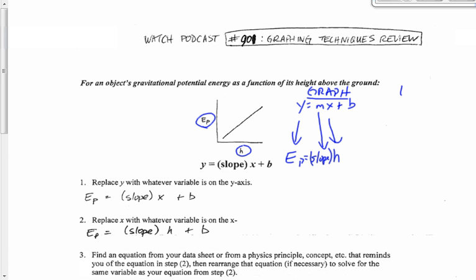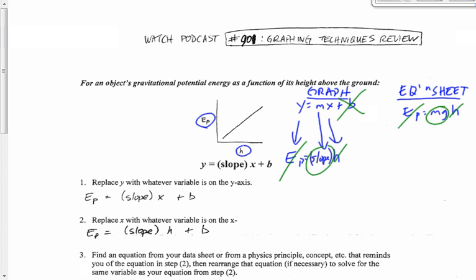So from our equation sheet, or from a derived equation, we would say EP is equal to mgh. Now, let's cross off things that appear in both. EP appears in both. H appears in both. We're left with the slope is equal to mg. By the way, why did I cross off the y-intercept? Well, A, because the line pretty much goes through the origin.